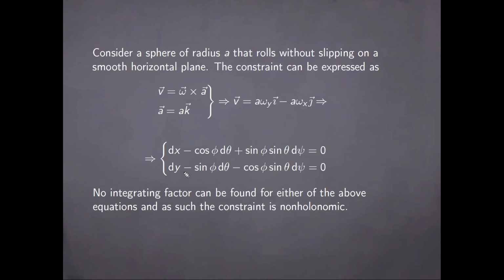If you apply exactly the same approach as we used there, you can see that no integrating factor can be found for either of the above equations that can turn them into exact differentials. If you try to find such a factor, it turns out that it is identically zero. As such, this particular constraint of a sphere rolling without slipping on a horizontal surface turns out to be non-holonomic.